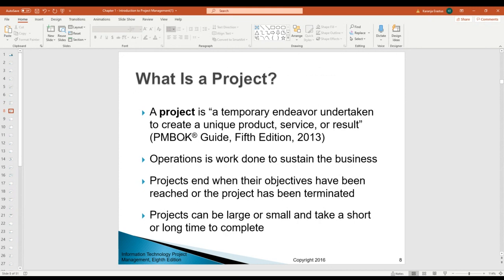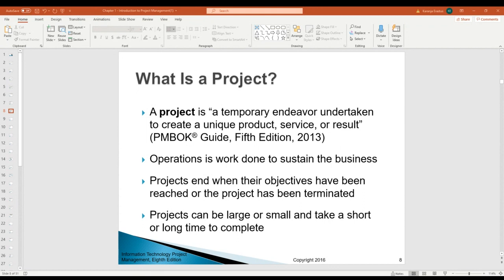What is the full form? It stands for Project Management Body of Knowledge. Okay, very good, you're on the right path. Project Management Body of Knowledge.